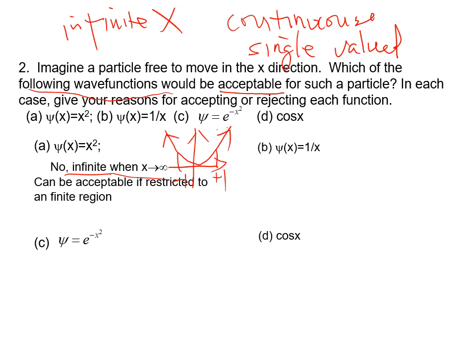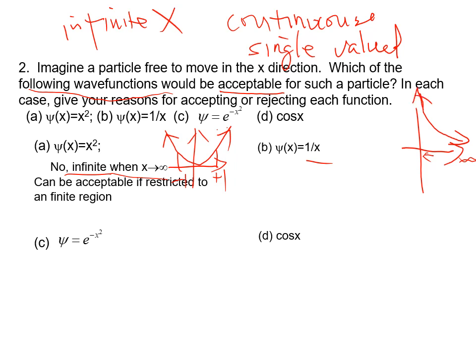The second function is 1/x. So again, let's plot it. When x goes to infinity, 1 divided by infinity is 0. So it goes to 0 like this. But if x approaches 0, 1 divided by 0 is infinity.